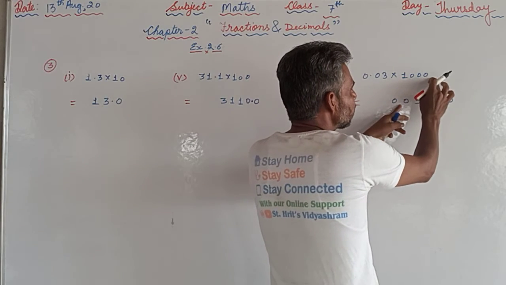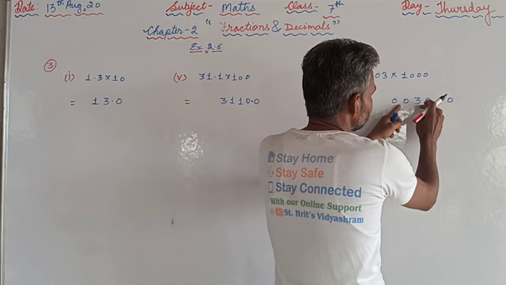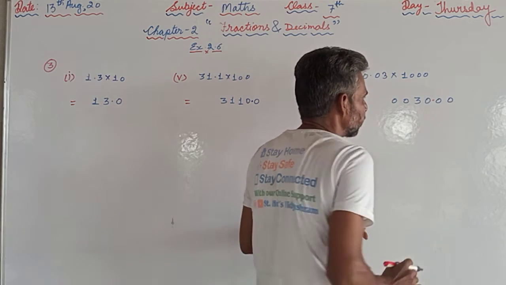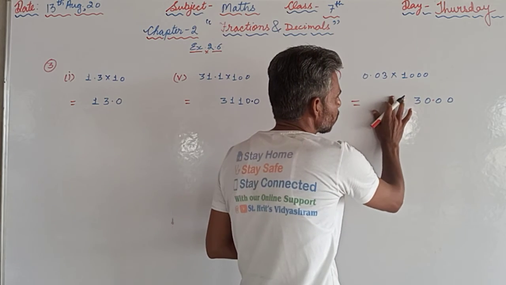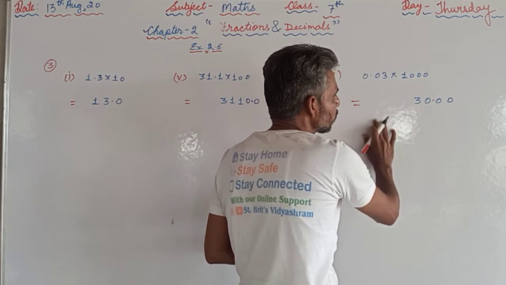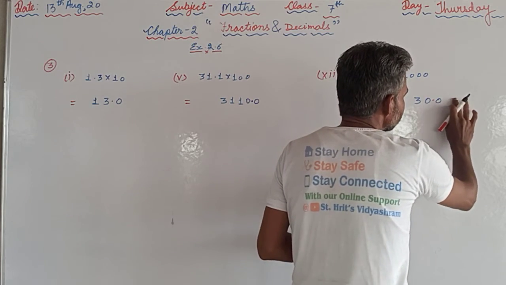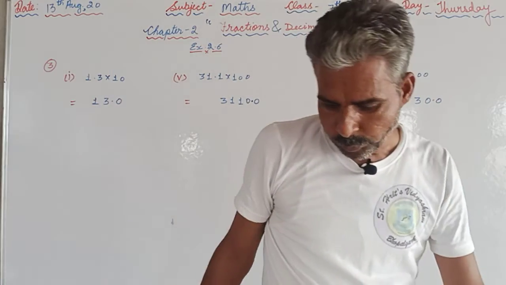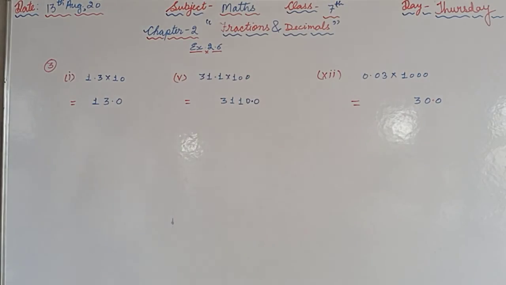Why 3 places? Because 3 zeros are there. 1, 2, 3, it will come here. And afterwards we will rub the zeros on the left hand side because they are of no use, and we can rub this also because 1 zero is sufficient after the decimal. So like this you are supposed to proceed with this question.